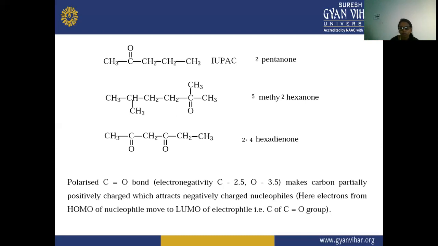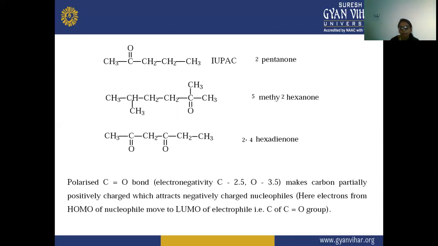Here electrons from the HOMO of the nucleophile move to the LUMO of the electrophile, that is the C=O group.